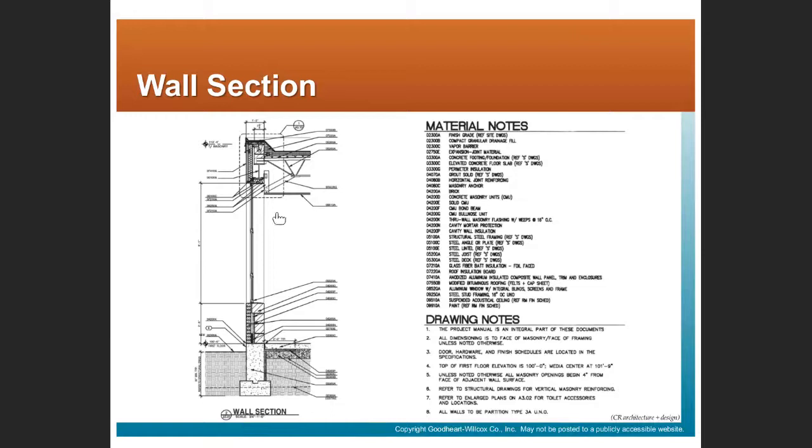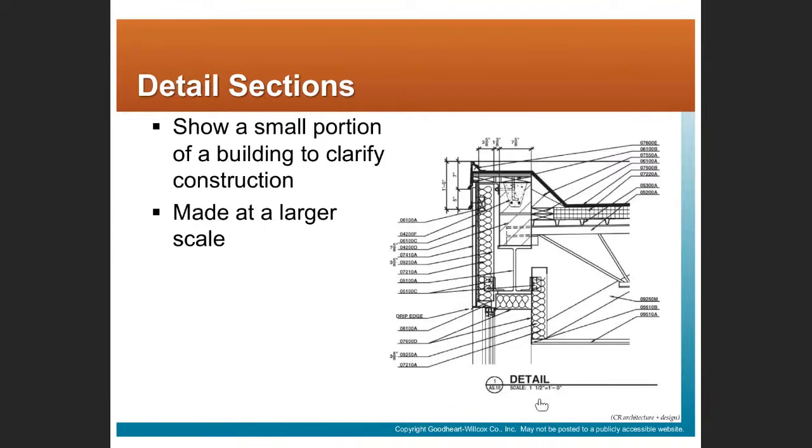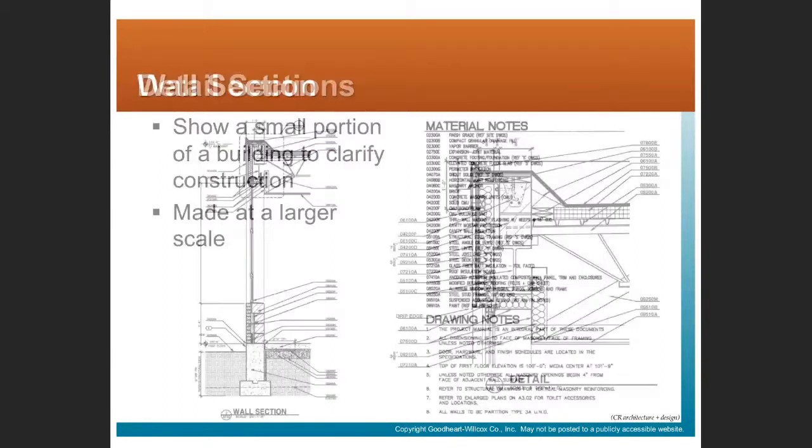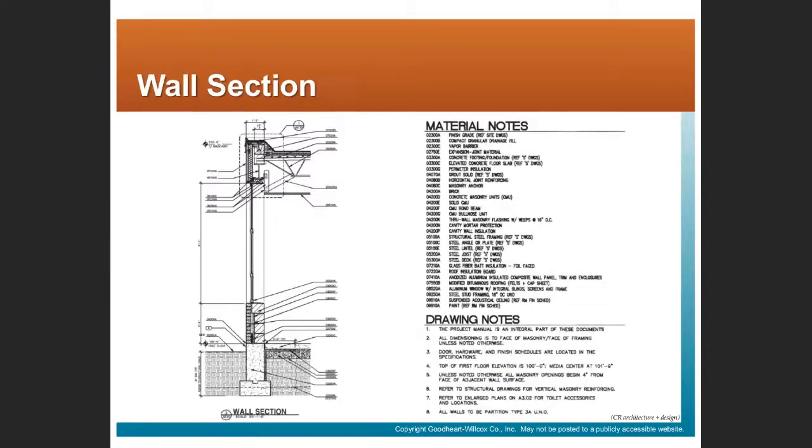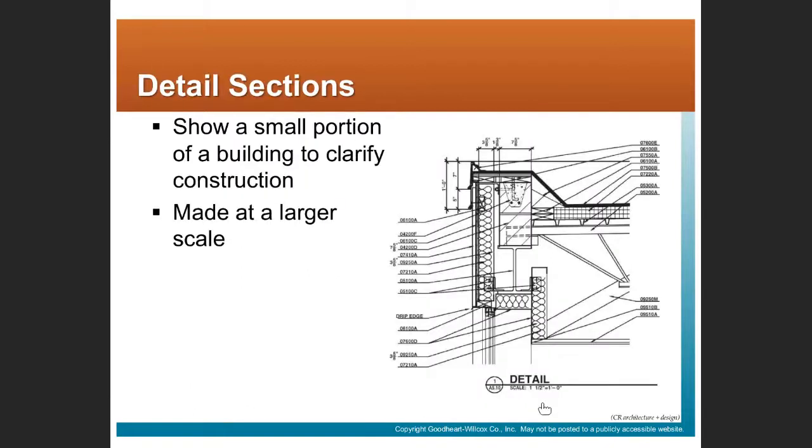And so it's at a larger scale than what we've seen typically, and now this detail is at yet another scale, right? This is at twice the scale of what we had before. This is 3/4 of an inch equals 1 foot. This is 1.5 inches equals 1 foot, right?